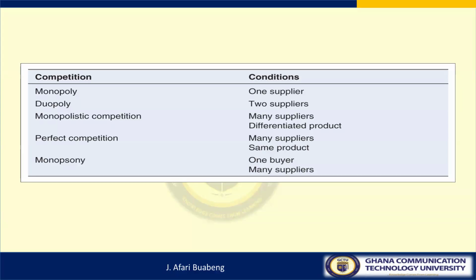Can somebody tell us? And I'm talking about monopoly. When there's one supplier of a good and there are so many buyers, what will be the impact of this on prices of goods and services in the market? Can somebody tell us?